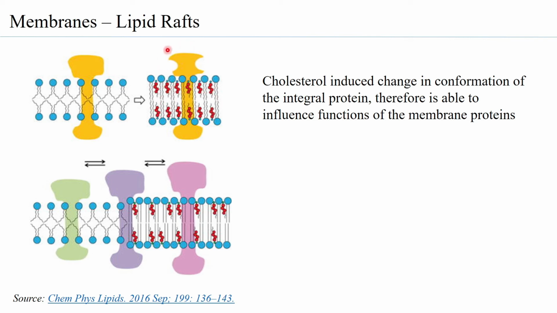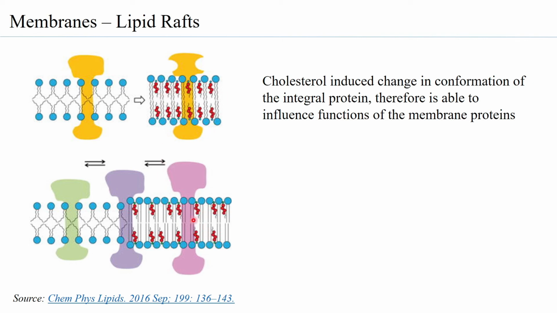So in this conformational change, the protein will have a different function, or it can have no function or a different function. That either is possible. So it is able to influence the functions of the membrane proteins as well, because cholesterol is able to induce a conformational change in the integral membrane proteins. So if you have something like this, then this forms a microdomain, and in that microdomain, the integral membrane protein would have a certain function. So that lipid raft is responsible for a particular function.